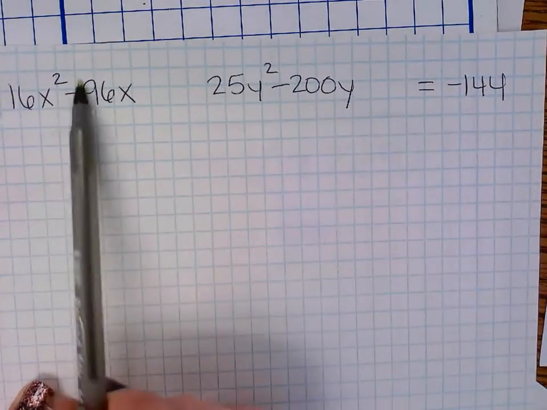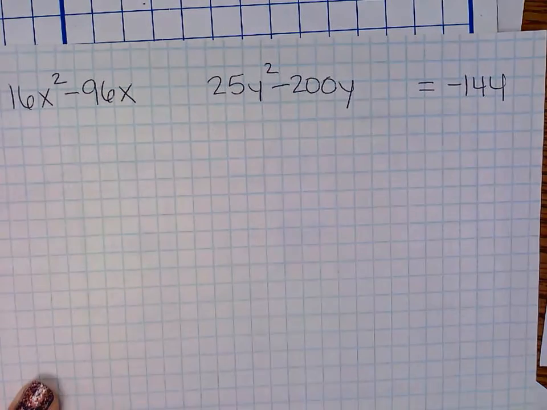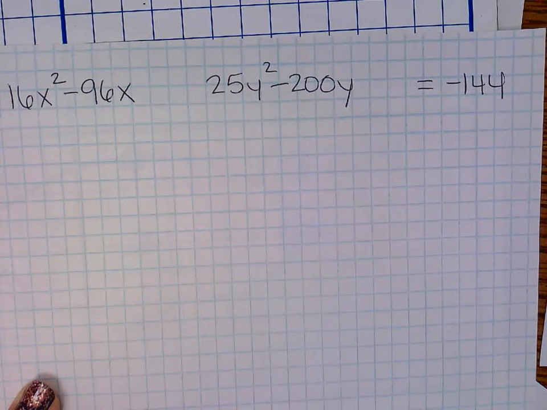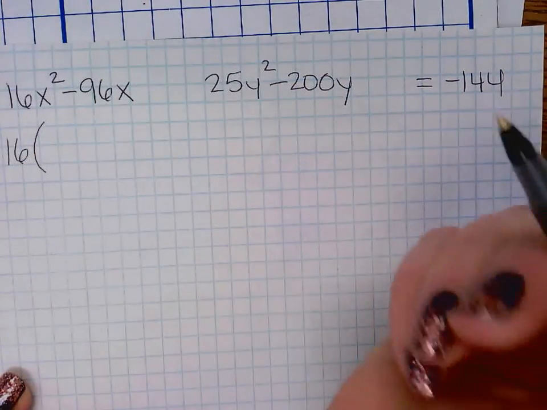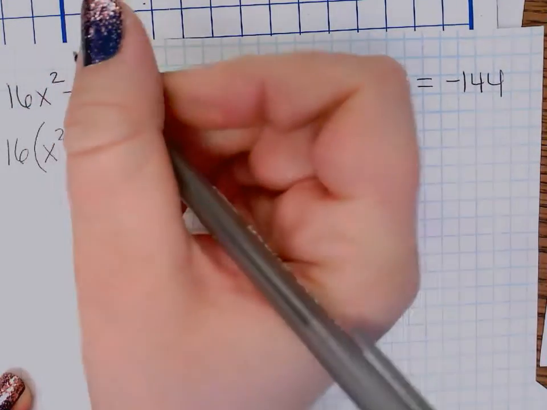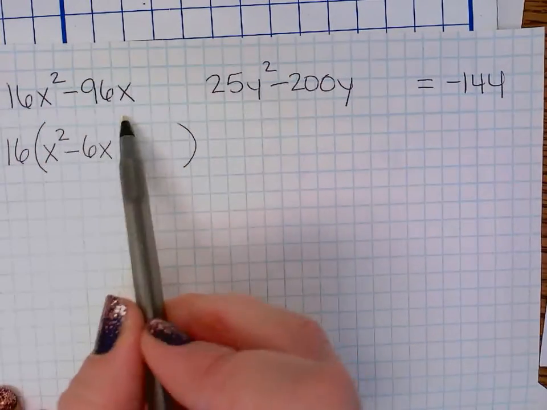So now individually, I'm going to factor out the greatest common factor. What is 96 divided by 16? It is 6. So this is really 16 times parentheses, x squared minus 6x, and then close parentheses.